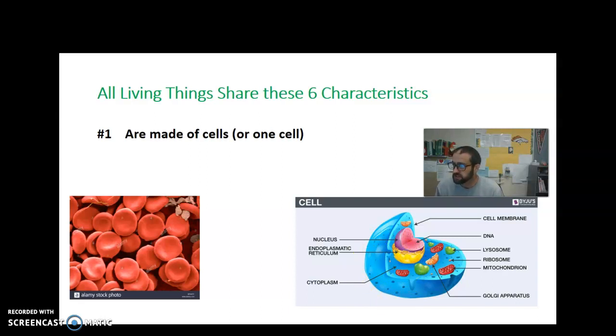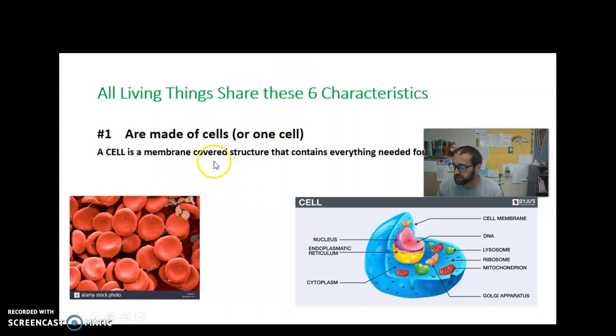A bacteria is only one cell. And so what they can do is they can grow in size. And then they can replicate themselves, but they are a single-celled organism. You are made up of a lot of cells, so you're a multicellular organism. The bottom line, though, if you are a living creature, you have to be made up of at least one cell.